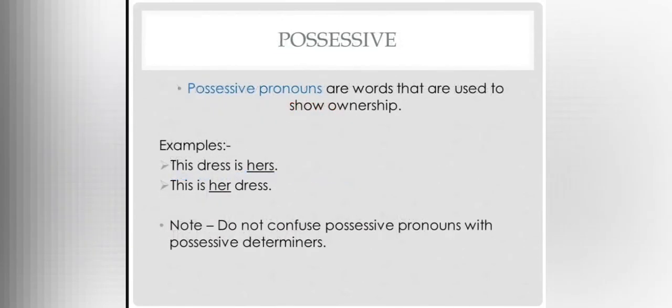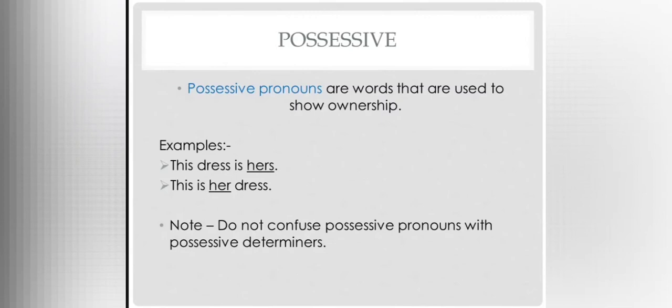Now let's move to possessive determiners. Possessive pronouns are words that are used to show ownership. When we want to say that a particular thing belongs to someone, we use possessive pronouns.